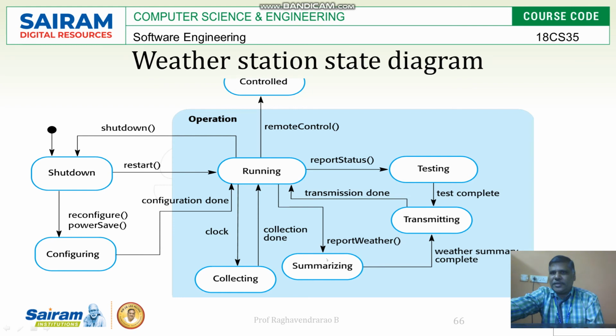So you take the data, summarize it, and retransmit it to the running state. Collecting the data, you execute that data on the system. Always the timer will be there for all these things. Within the stipulated time, all these things get executed.